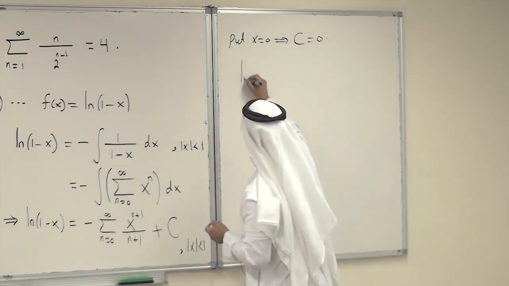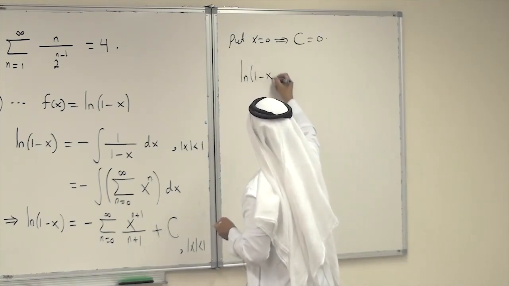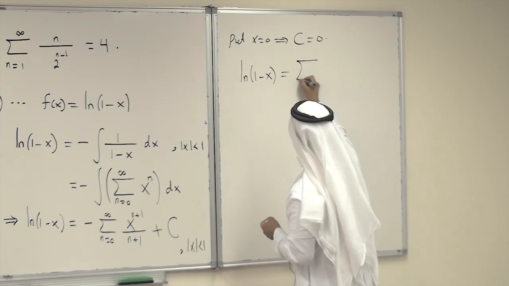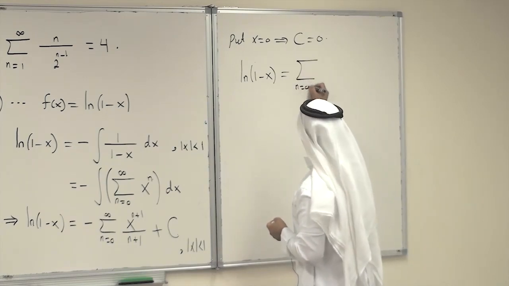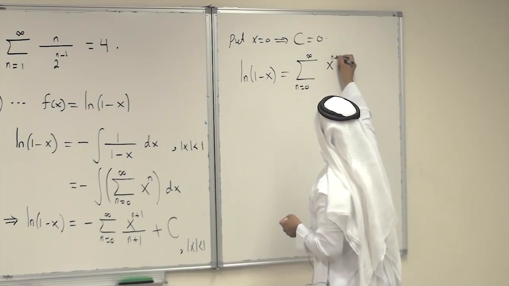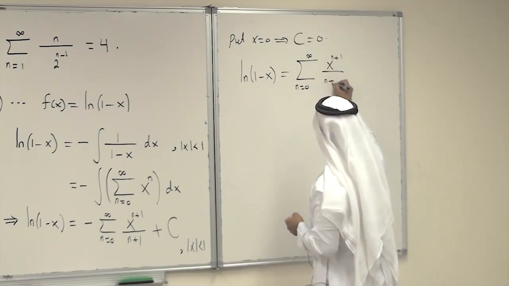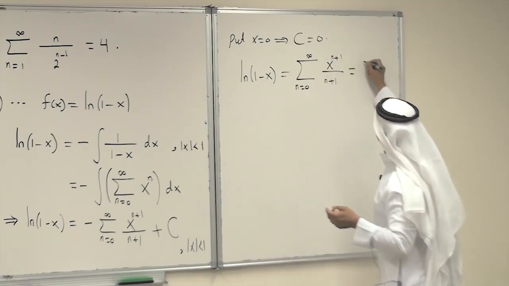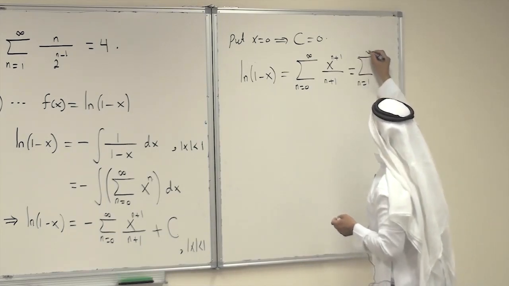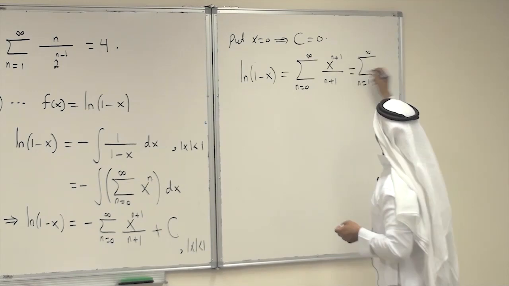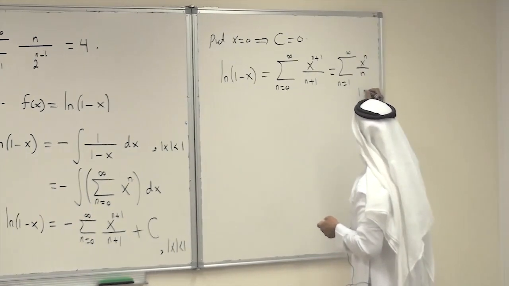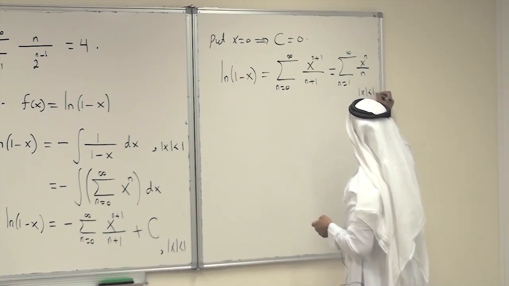It means ln of 1 minus x is equal to minus the summation, n equal to 0 up to infinity, of x to the power n plus 1 over n plus 1. We can also shift the index. I can start from 1 up to infinity. I'm increasing here by 1, I decrease inside by 1, so I will have x to the n over n.